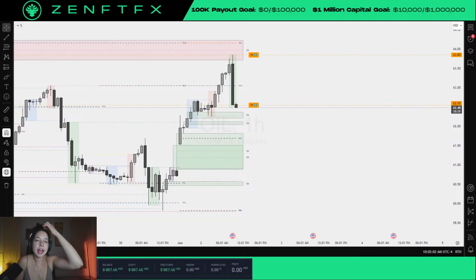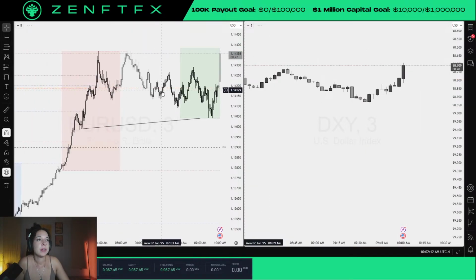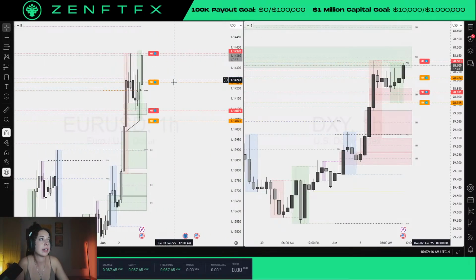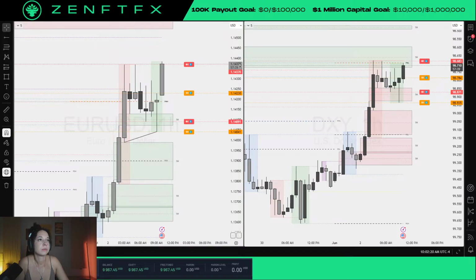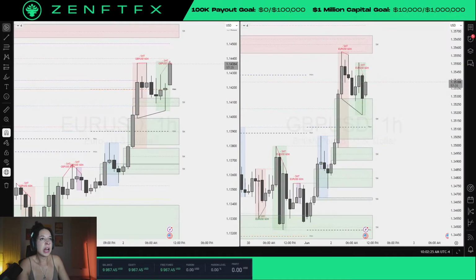Damn, clean exit on those buys. It looks like my Euro dollar trade would have hit my first target, but I got stopped out before that happened. Which, it is what it is.